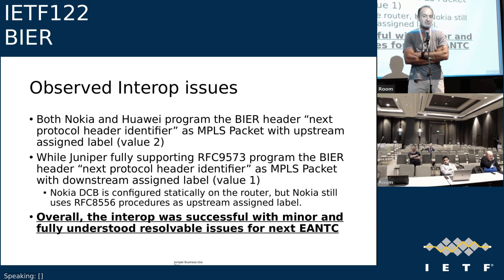That complexity, as we are seeing in this implementation, is creating an interop issue. And I'm sure as we go forward with EVPN or whatever other implementation comes in the future with BIER, there will be confusion because of those two protocols.